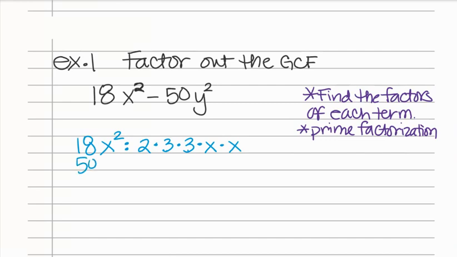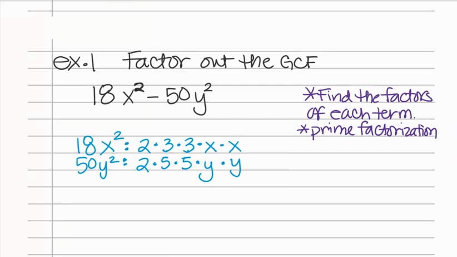Okay, and then let's do 50y squared. 50 is going to break down to 2 times 5 times 5. And the y squared is going to become y times y. And remember, if you're struggling to get the prime factorization, you can always go off to the side and do a factor tree, right? If you don't remember how to do a factor tree, go to YouTube and find some assistance.